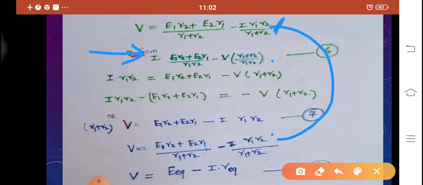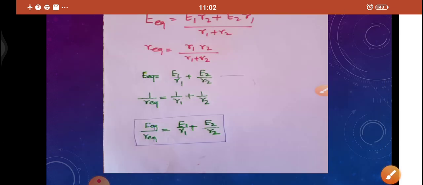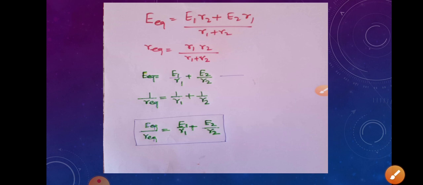Now this is the terminal potential. V equals E equivalent minus I R equivalent. What is E equivalent? This is E equivalent and this is R equivalent.